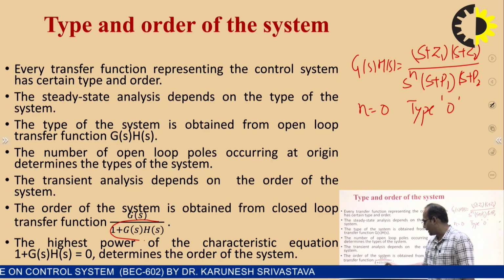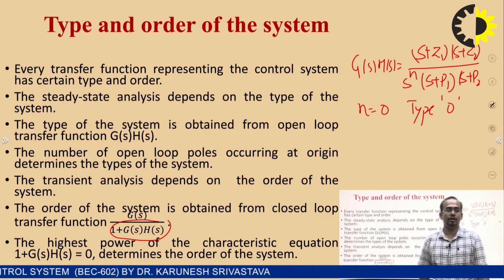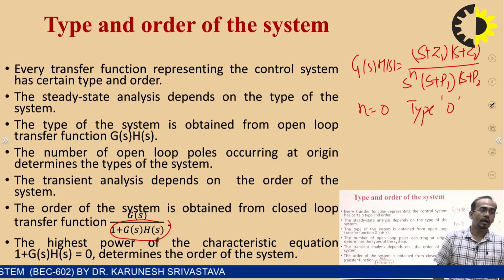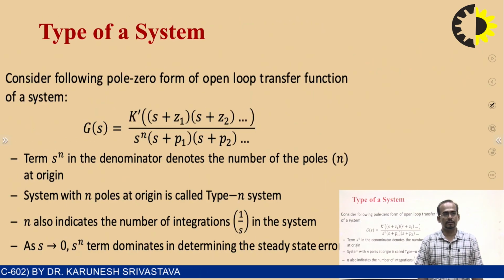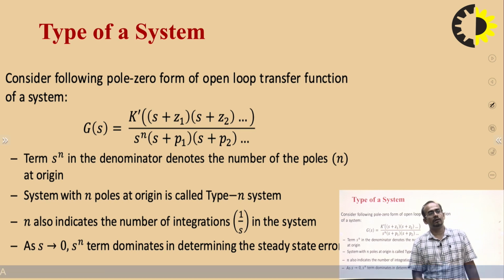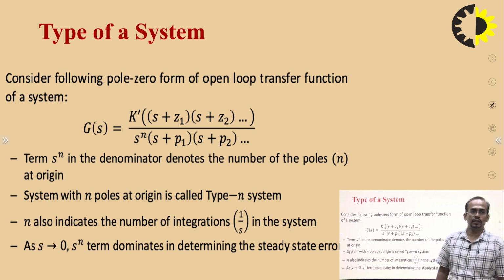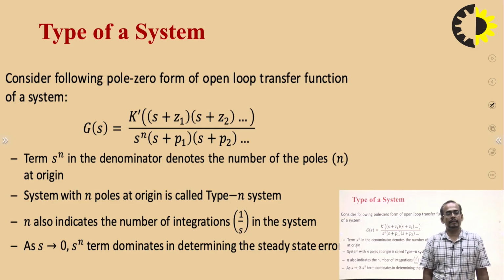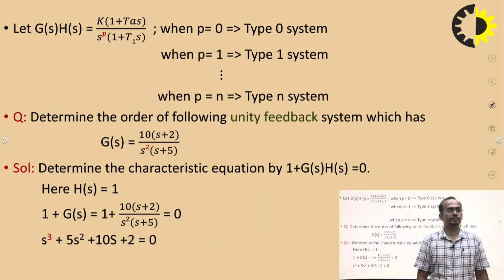The power of s in the characteristic equation will determine the order of the system. I have already told you that the value of n in the denominator denotes the number of poles. The system with n poles at the origin is called a type n system.